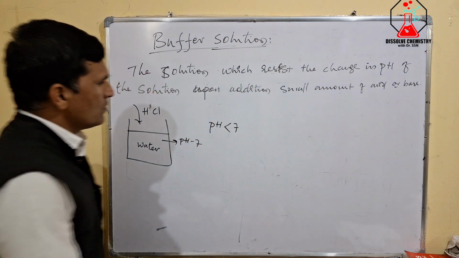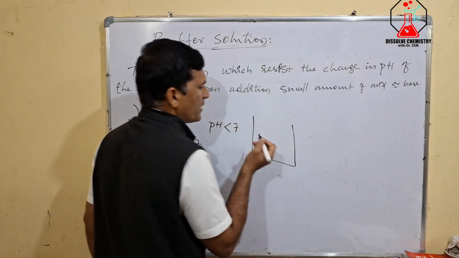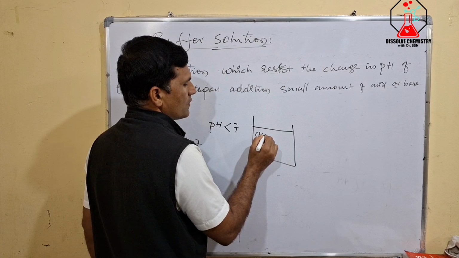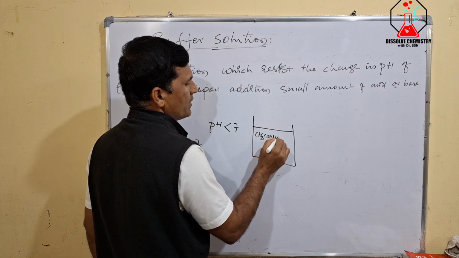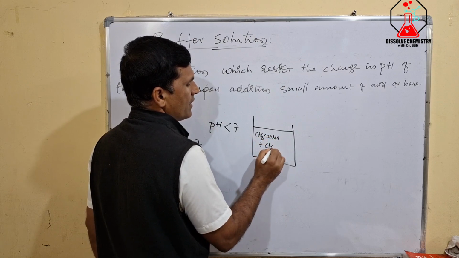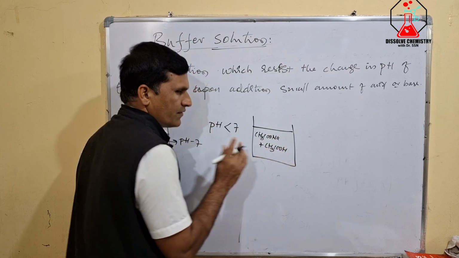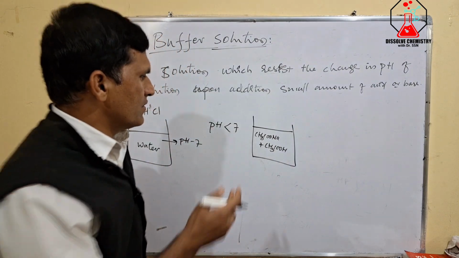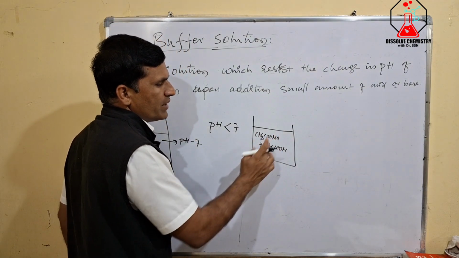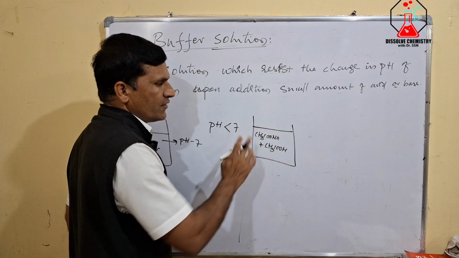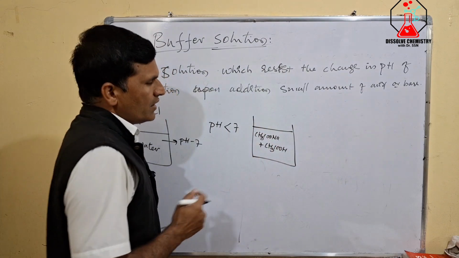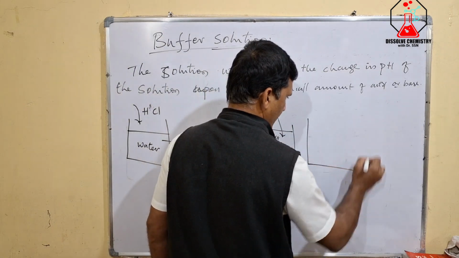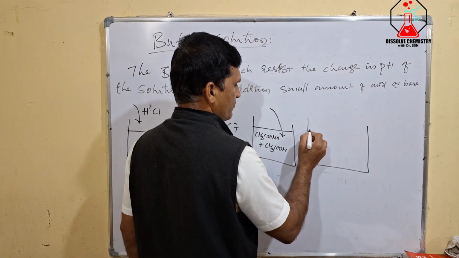Now you take a solution of sodium acetate and acetic acid. It is a weak acid and its salt with a strong base. If you take the mixture of these two and add acid to this, then we will see what happens.